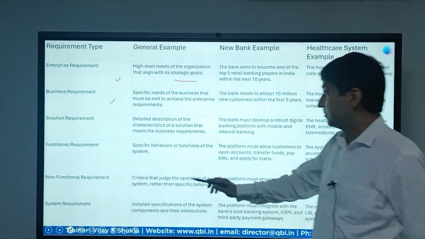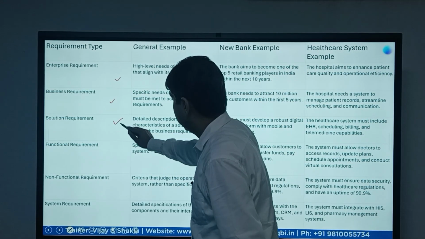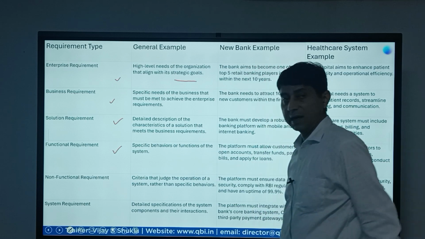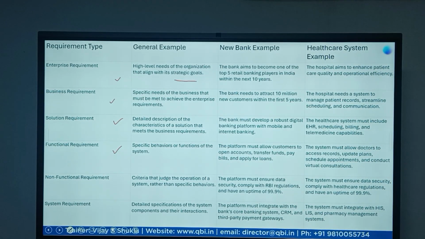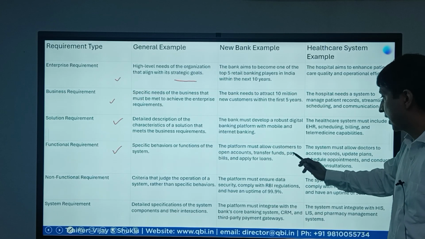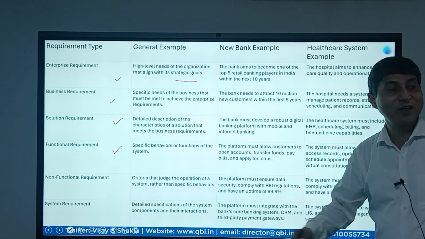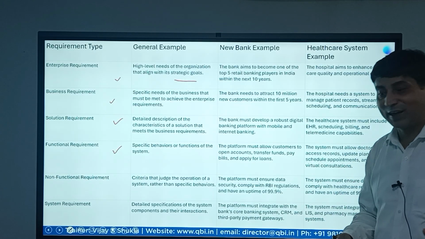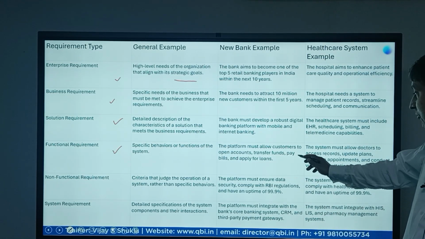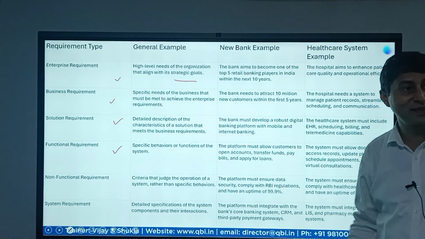Functional requirement. So we were here, now we move on to functional requirement. Specific behaviors or functions of the system. The platform must allow customers to open accounts. Now what does this mean? Self-opening of account. Self-KYC, video KYC, something like that. Transfer funds, pay bills, apply for loans.